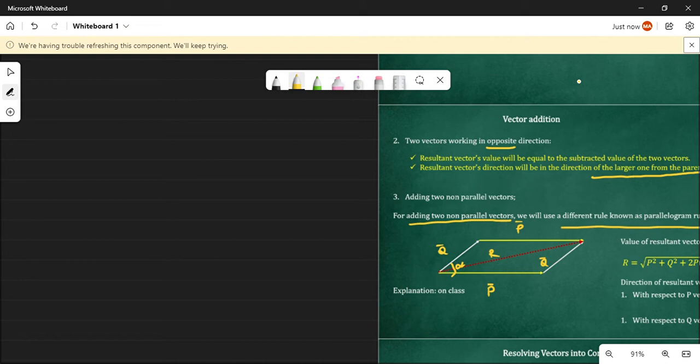For geometry notation, we can use A, B, C and D. So this is a parallelogram known as ABCD. We need to find the value of R.